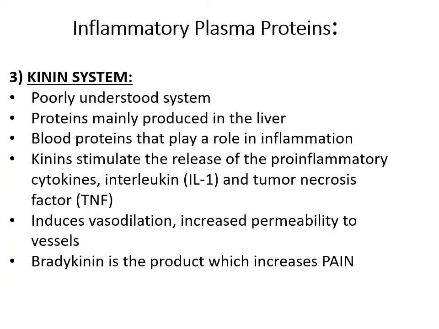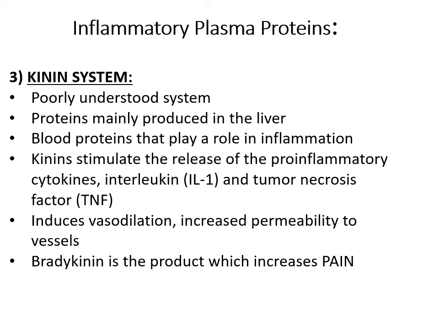And here's another system called the kinin system, or one of the molecules in this system is called bradykinin. And this is not a really well understood system. Again, it's a group of proteins made in the liver, and they play a role in inflammation, right? So kinins stimulate the release of even more cytokines, interleukins, and tumor necrosis factor from those cells that we've spoken about, such as macrophages and neutrophils, right?